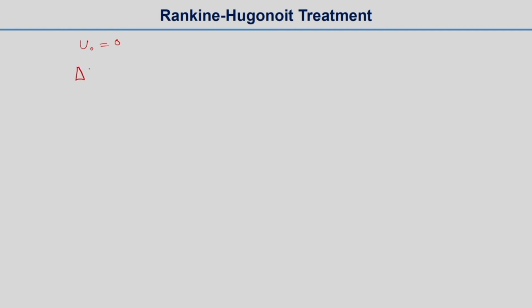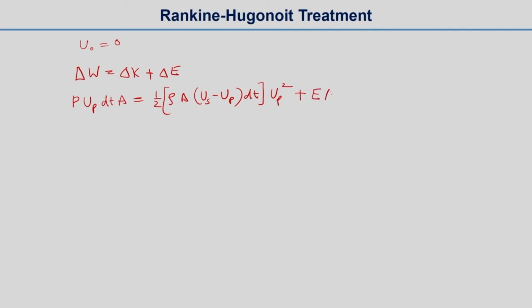So if we have delta W equal to delta K plus delta E, that gives us P up dt multiplied by A equal to half of rho A (Us minus up) dt times up squared, plus E A rho (Us minus up) dt, minus the third term, which will be 0 because it has u naught squared.